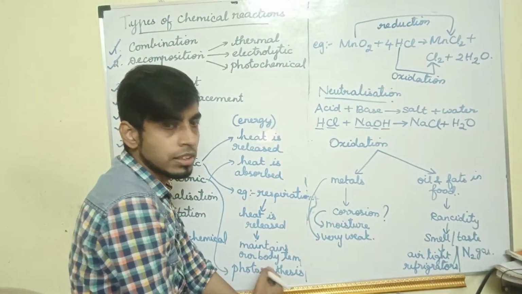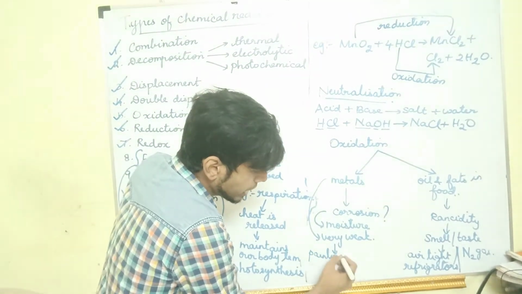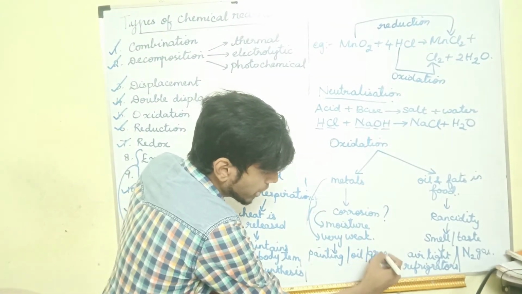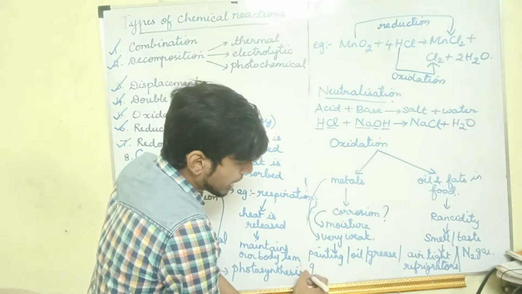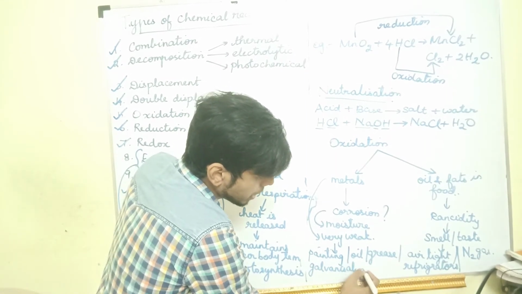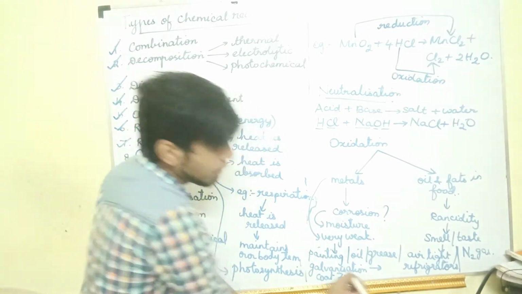How can we prevent this corrosion? It can be prevented by painting, putting oil or grease, or by galvanization. Galvanization means we coat zinc on the metals.